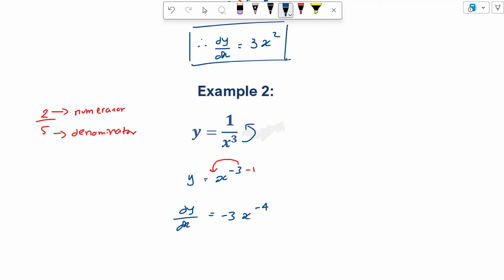Now, the exponent doesn't like to be negative. It wants to return back to being positive. So dy over dx is equal to minus 3 over x raised to the power of 4. That's your answer.